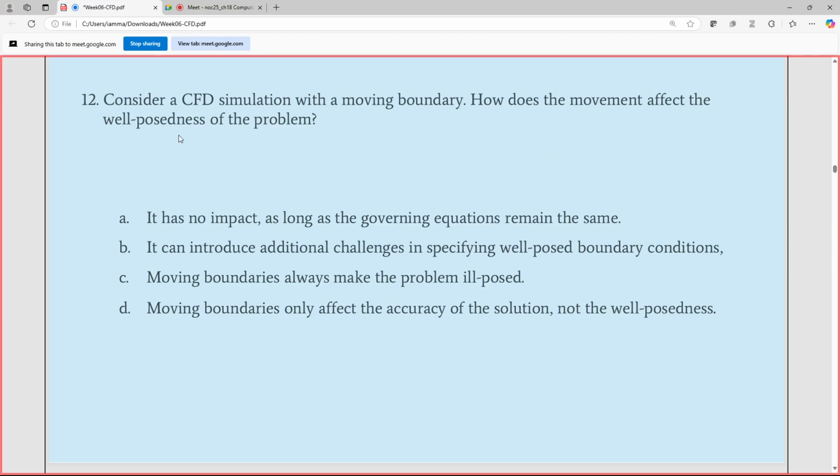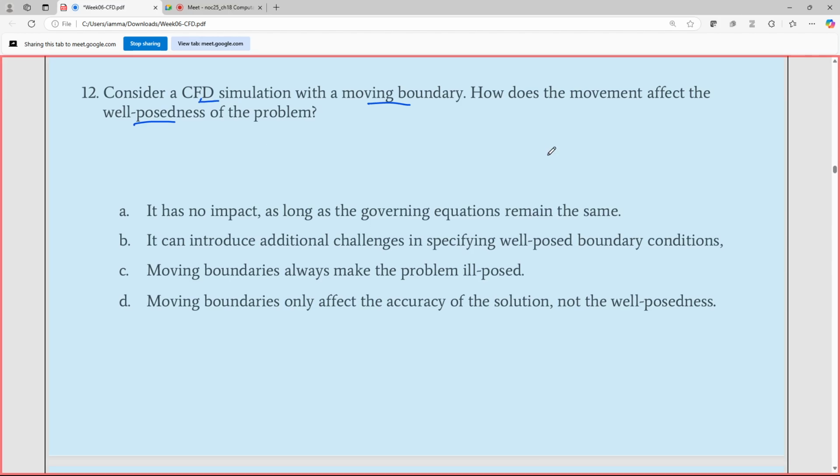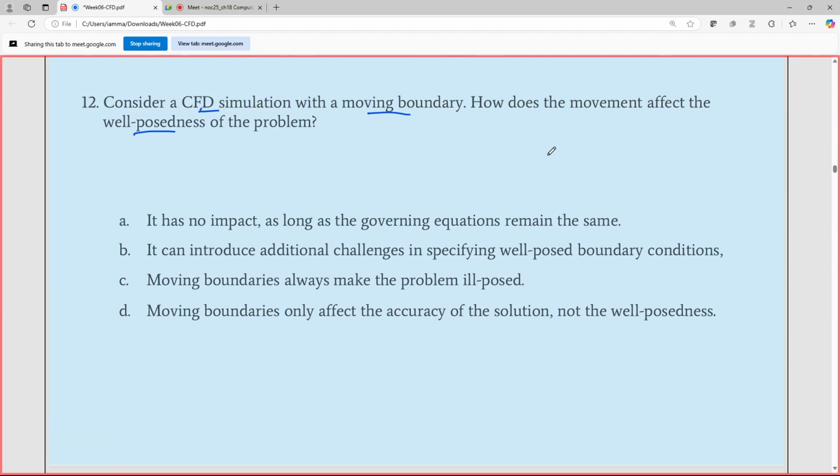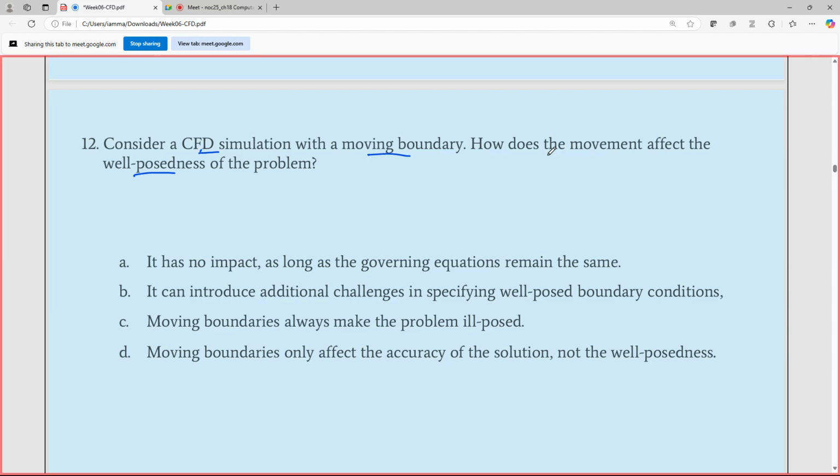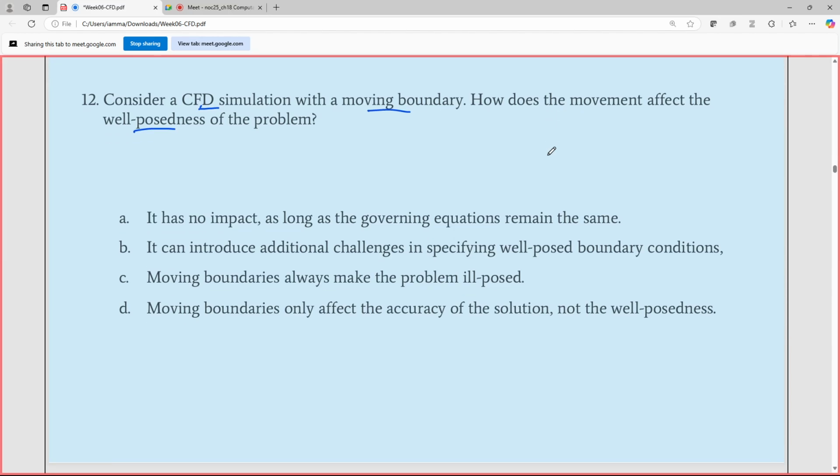Consider a CFD simulation with a moving boundary. How does the movement affect the well-posedness of the problem? So the question is, how does the moving boundary affect the well-posedness of a problem?